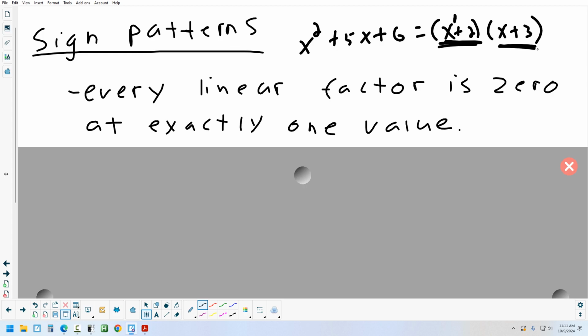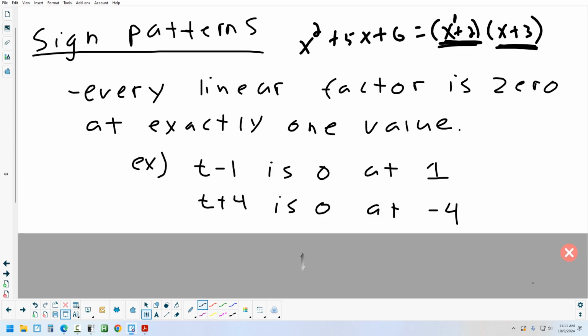What number could you plug into x plus 3 and make that come out to 0? Yeah, -3. Here's another example. T minus 1 and t plus 4. If you plug in 1 for the top factor, you get 0. If you plug in -4 for t in the bottom factor, it simplifies to 0.